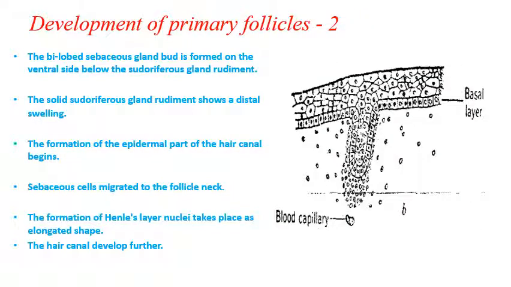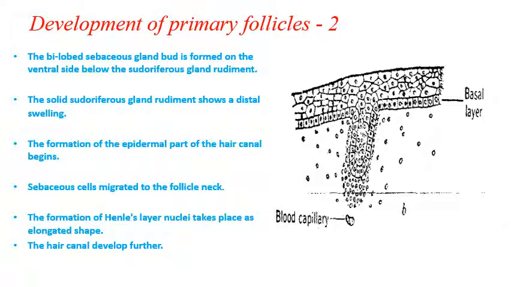This is phase 2 of the development of primary follicle. The bilobed sebaceous gland bud is formed on the ventral side below the sudoriferous gland rudiment. Then the solid sudoriferous gland rudiment shows a distal swelling. The formation of the epidermal part of the hair canal begins.